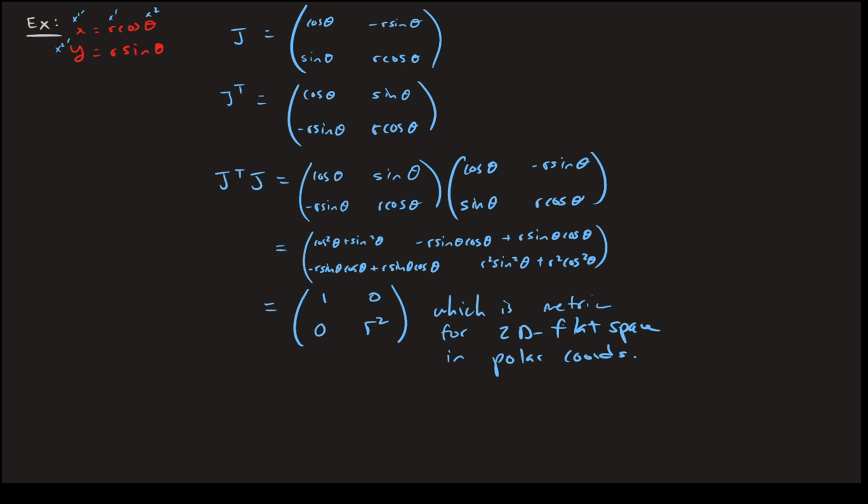So that is our verification, I guess, of the theorem, you could say. This is the flat space metric for 2 dimensions represented in polar coordinates.